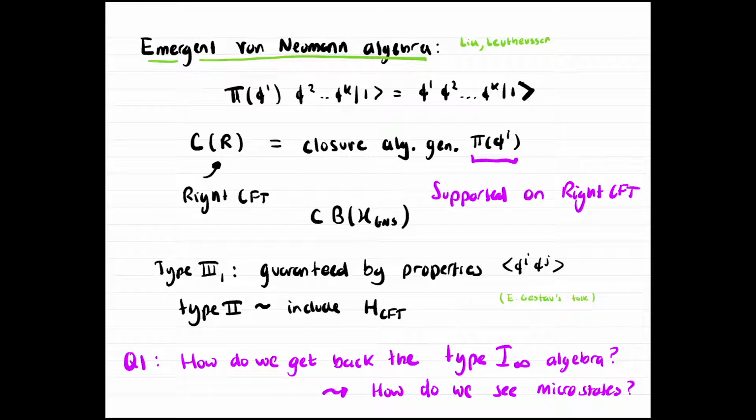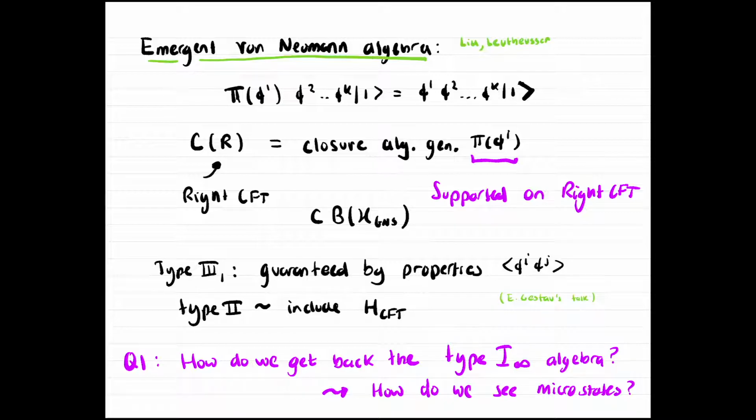So for now, we have left and right in the thermofield double, so we'll take all the possible single trace fields on the right, and we'll compute their closure, and that defines an algebra. Okay, and so that algebra is going to be the bulk algebra. And in particular, under some nice situations, you can prove that that's a type 3 von Neumann algebra, so this is essentially guaranteed by two-point functions, and Elliot gave a nice talk about this in the Gong show.